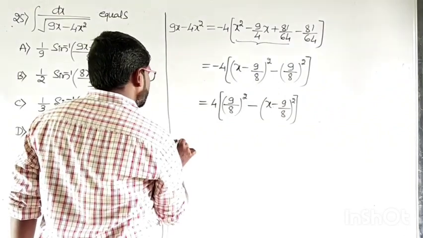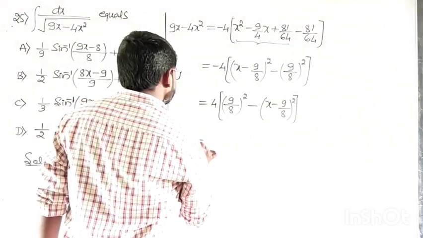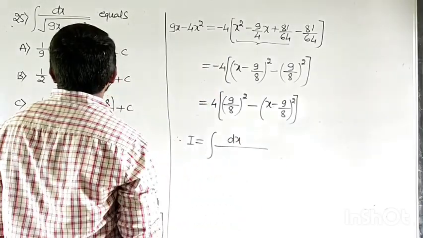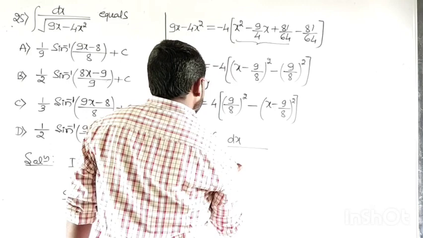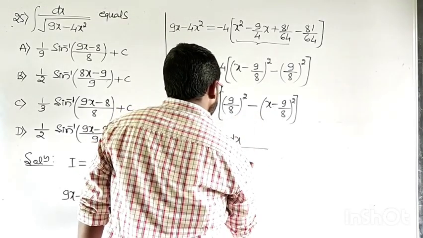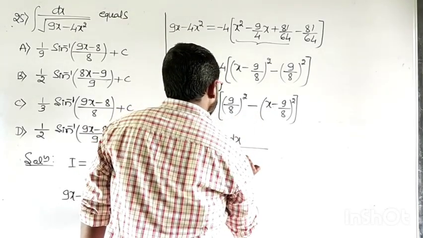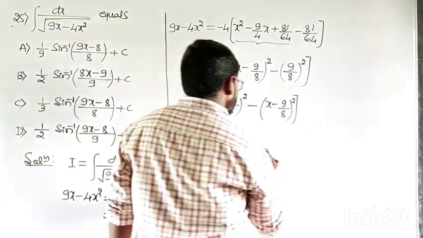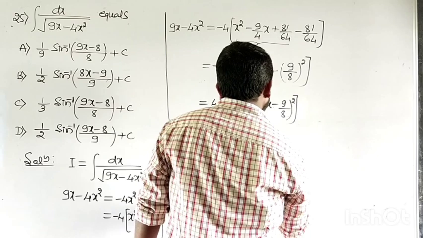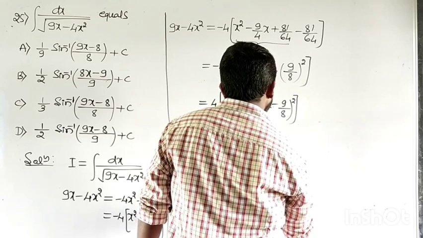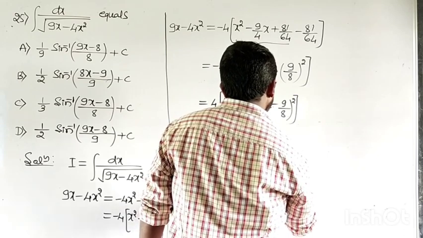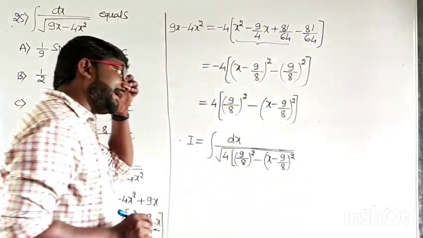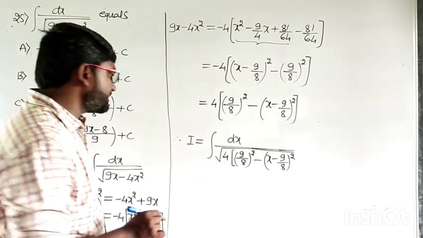Therefore, I, which is equal to the integral of dx upon square root of 4 times, write this now, 4 times (9 by 8) the whole square, minus (x minus 9 by 8) the whole square. Now I take 4 outside this square root, it becomes 2.